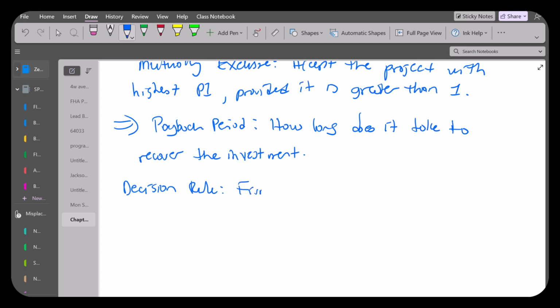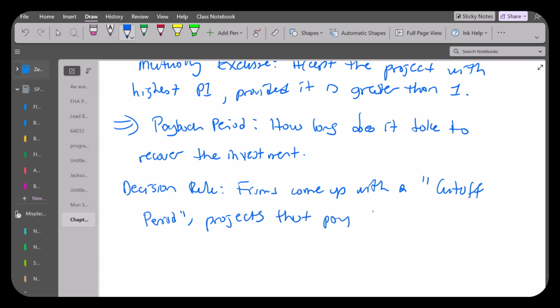Firms come up with a cutoff period. Projects that pay faster than the cutoff, I accept. So a firm says, okay, whatever you do, if the project pays itself back in 2 years, go ahead.